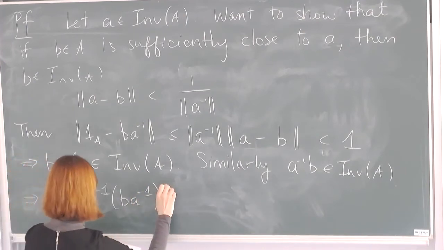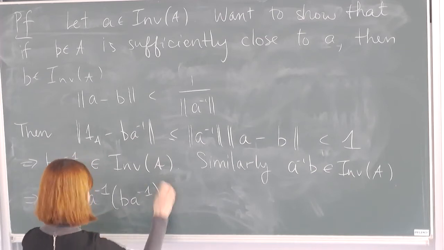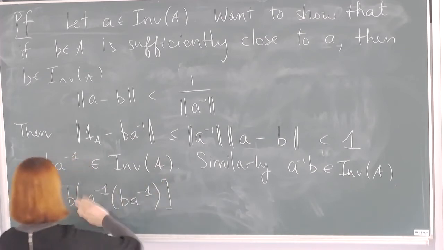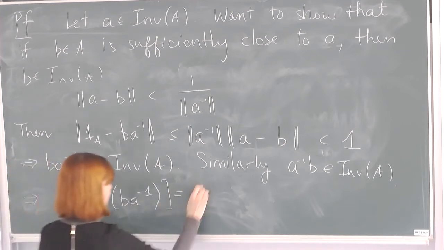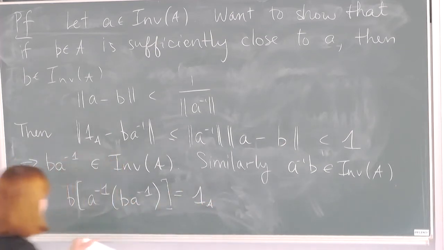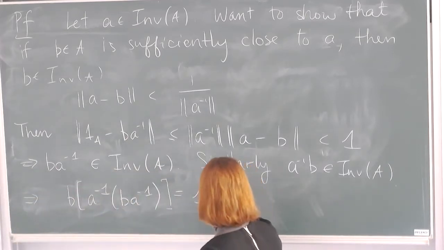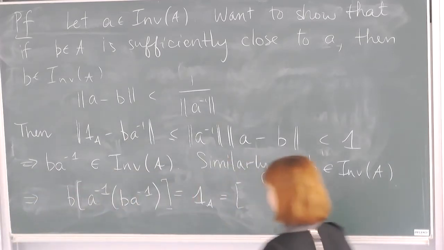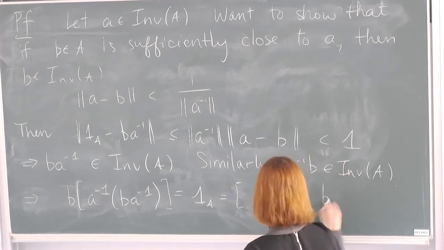Now we need a b. No, we don't. This is enough. This is equal to 1. And we can also get 1 with b on the other side by doing, we need a b here.